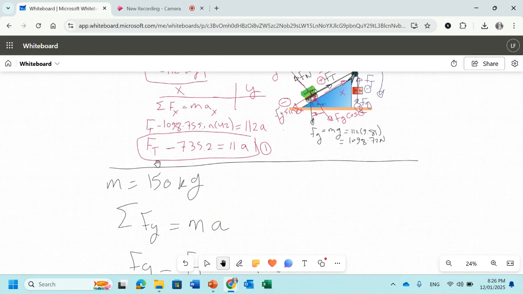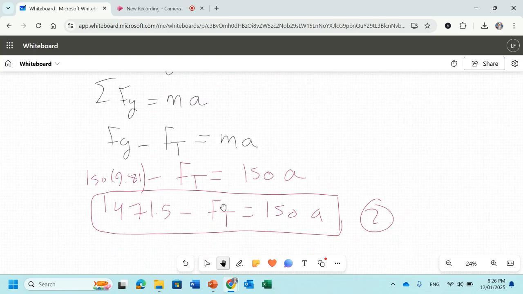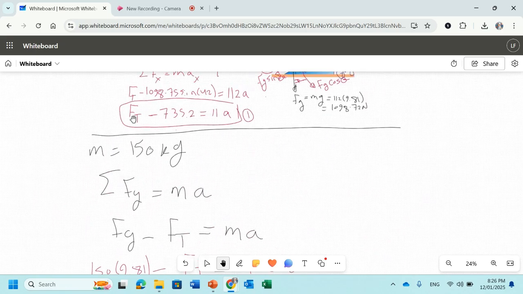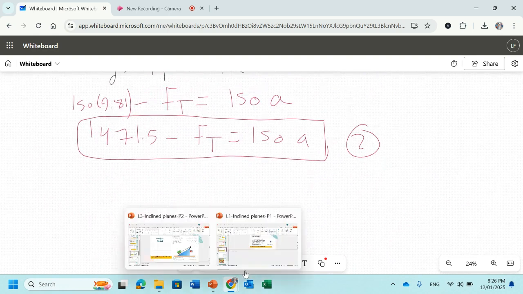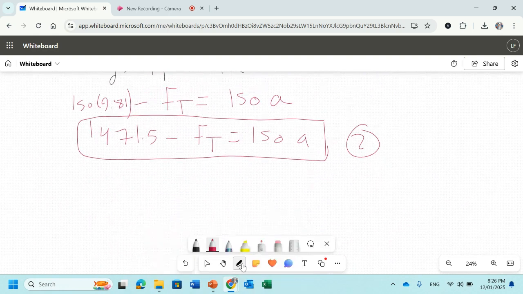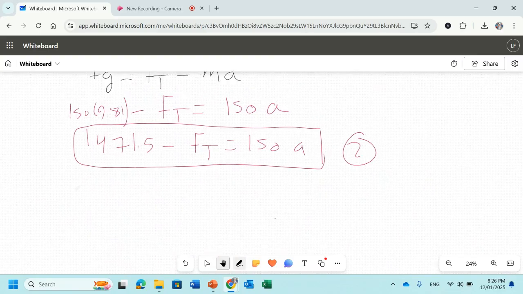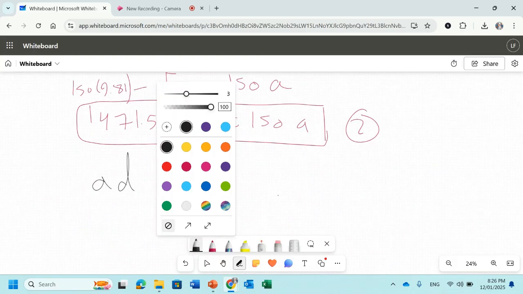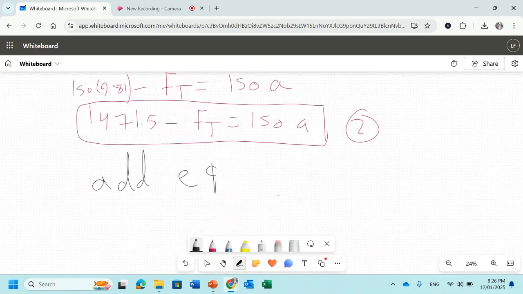I have Ft positive here, and below I have Ft negative, so I can add these two equations to get rid of the tension force. So I'm going to add equation 1 and equation 2.